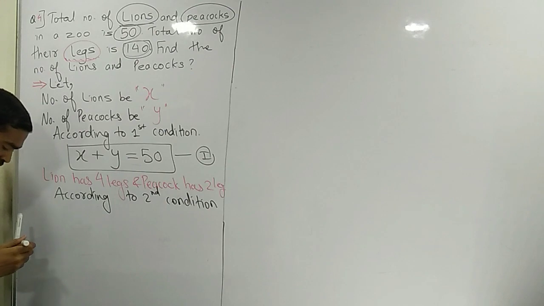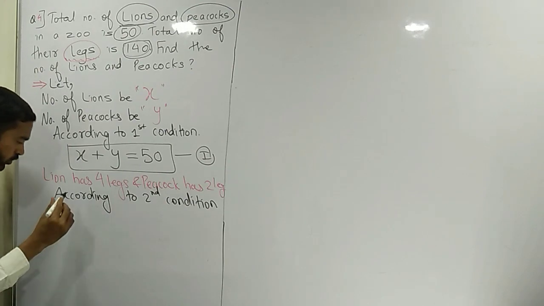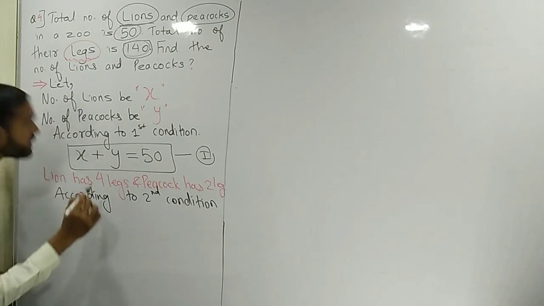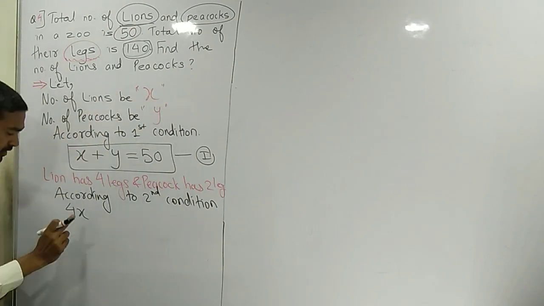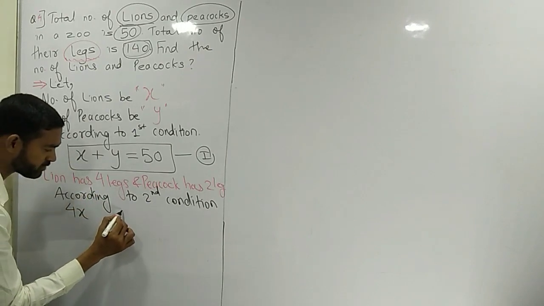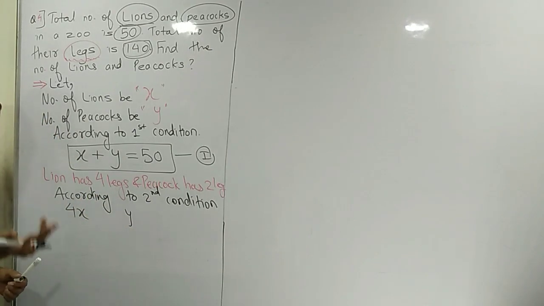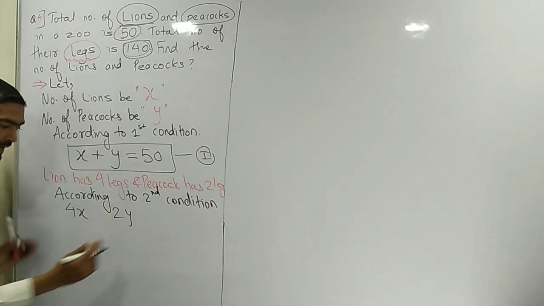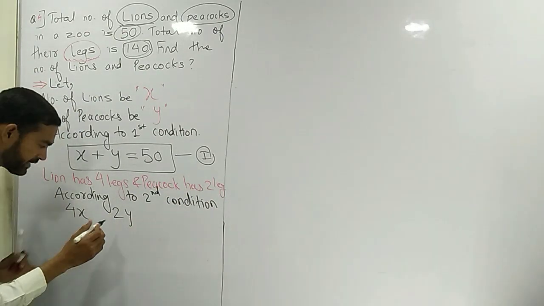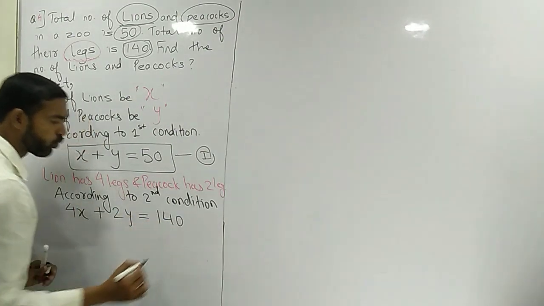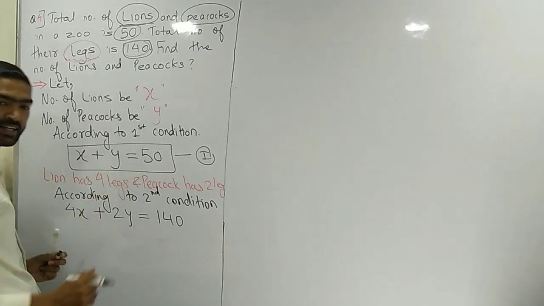So I'll write here 4. 4 is the number of legs. Who is having 4 legs? Lion. We have taken lion as X. So X having 4 legs. What about peacock? We have taken peacock as Y. And we all know every peacock has 2 legs. So this time 2Y. And when we count them together, it means plus. Total how many legs? 140. This is my second condition.